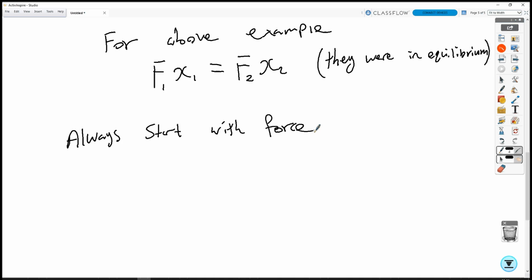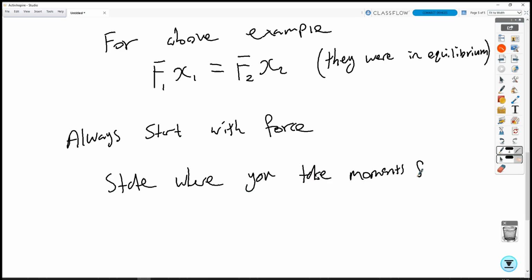In other words, choose all possible places that can be a pivot, and you take moments from several places. State where you take moments from, which is anywhere that could be a pivot.